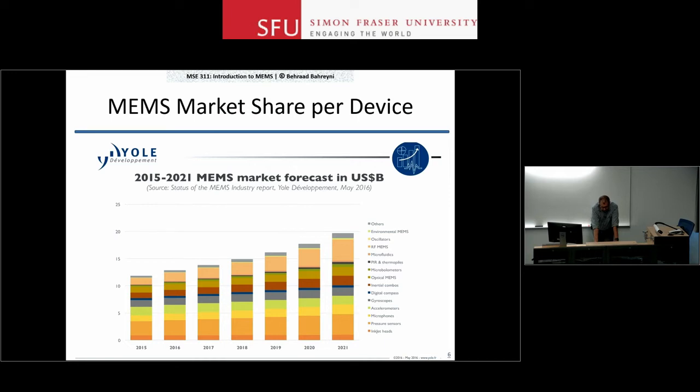In terms of forecasts, again, you can see that when you look at this list, in terms of the type of devices, pressure sensors and gyroscopes and accelerometers and microphones constitute a good portion of this market share, and then RF MEMS is a portion that is getting more and more momentum.